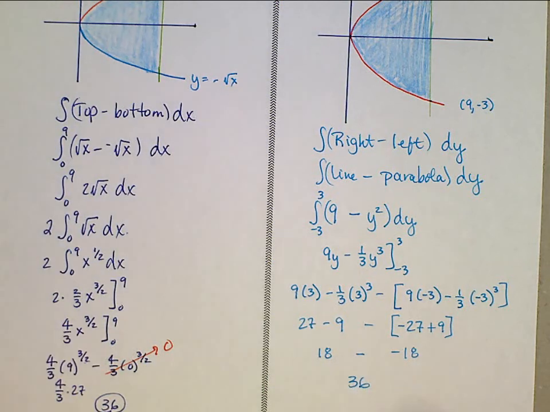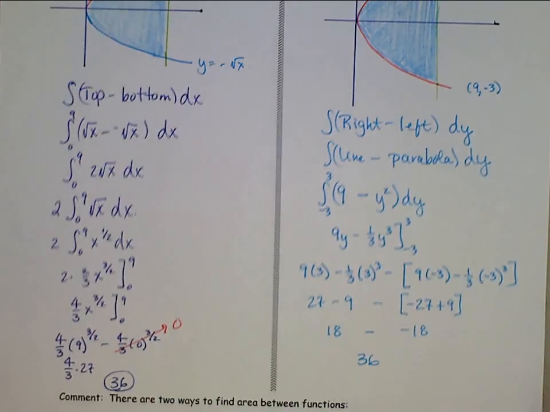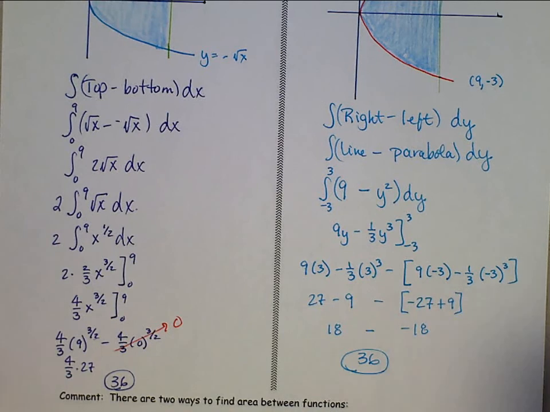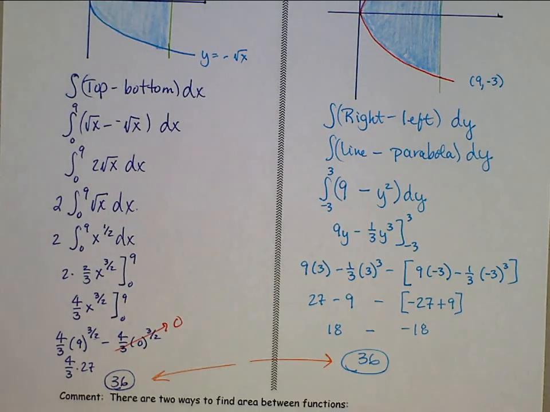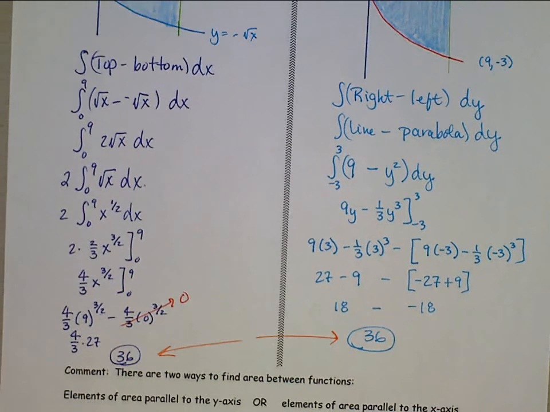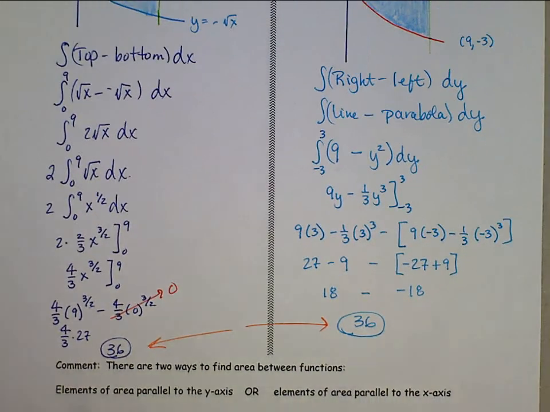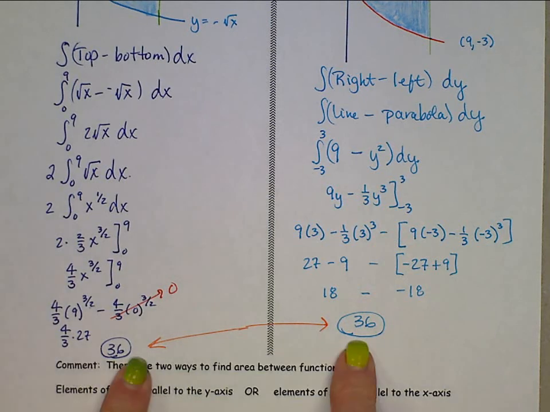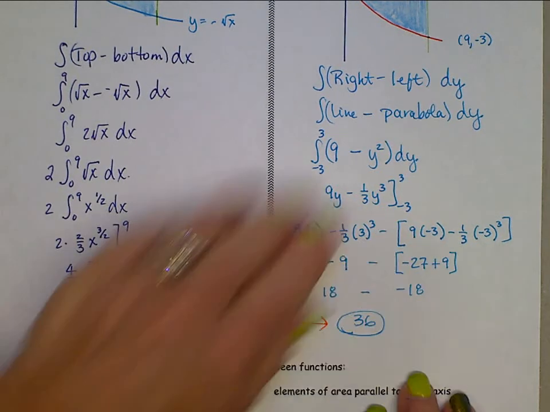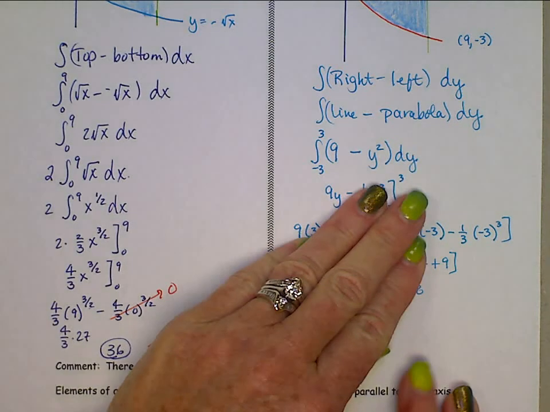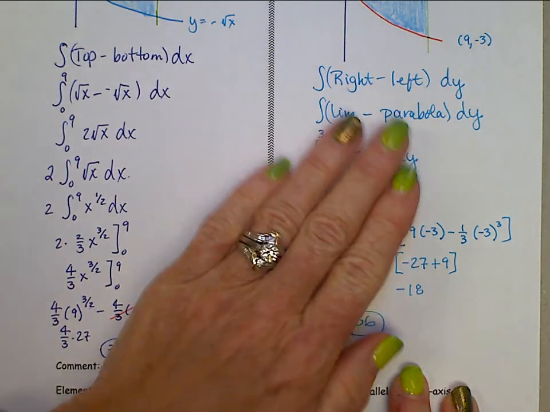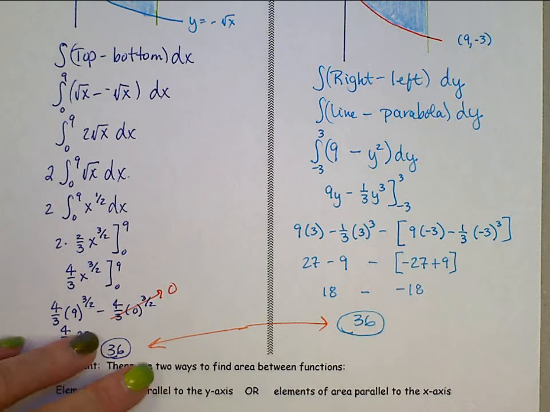Oh my goodness, that's wonderful. Aren't we supposed to get the same answer? The beautiful thing about math is, no matter which way you do the problem, as long as you don't make a mistake and everything is mathematically valid, you get the same answer either way. So 36 and 36. I know this is uncomfortable. It's because it's new for you. We will spend more time doing this, so don't panic too much.